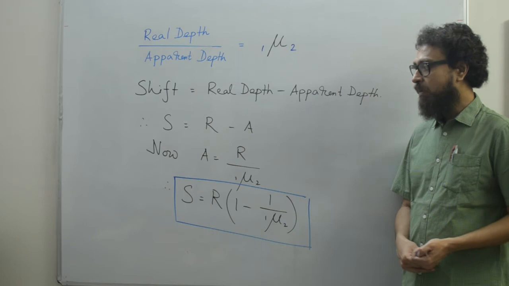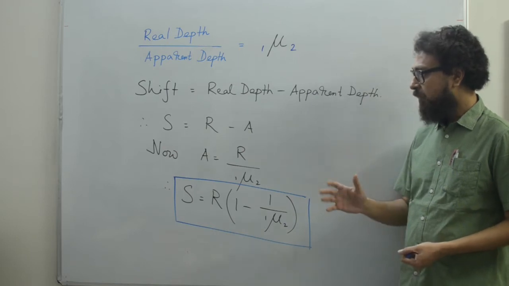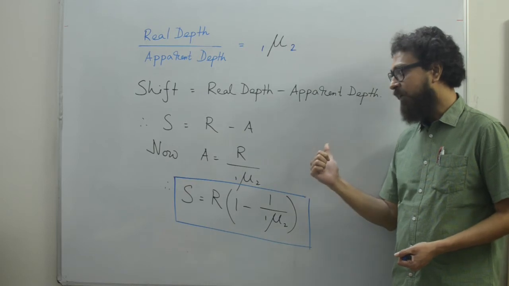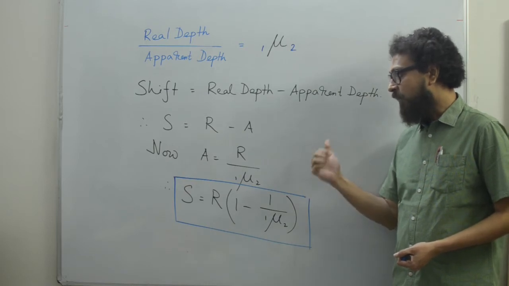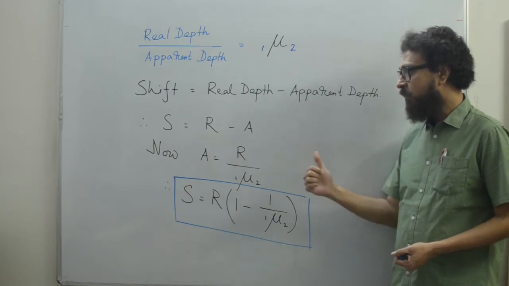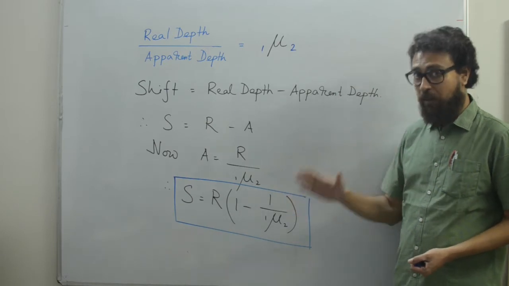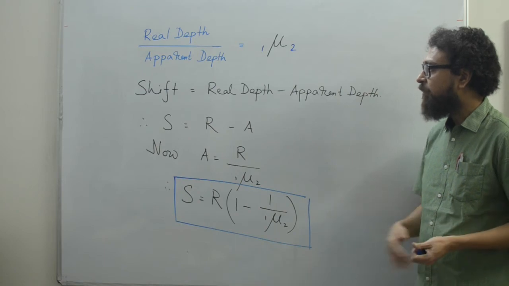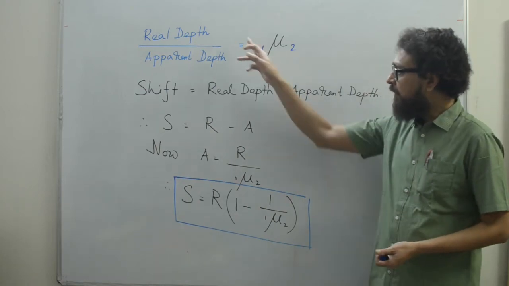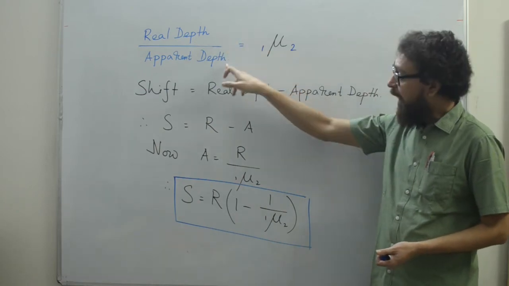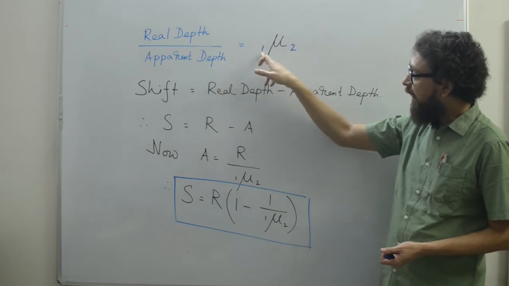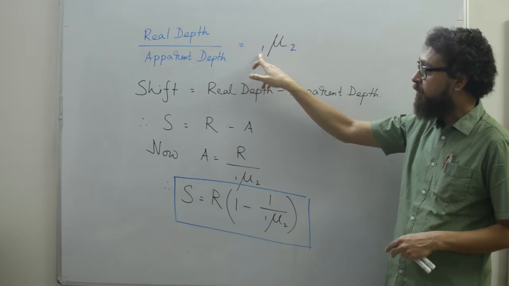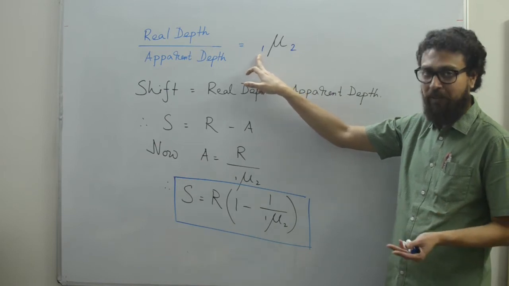Now, since you have already seen the diagram about the real depth, apparent depth, and how light deviates at the interface from denser to rarer medium, using the diagram we have a simple formula: real depth by apparent depth is equal to the refractive index of the medium from where light is coming with respect to air or the rarer medium.